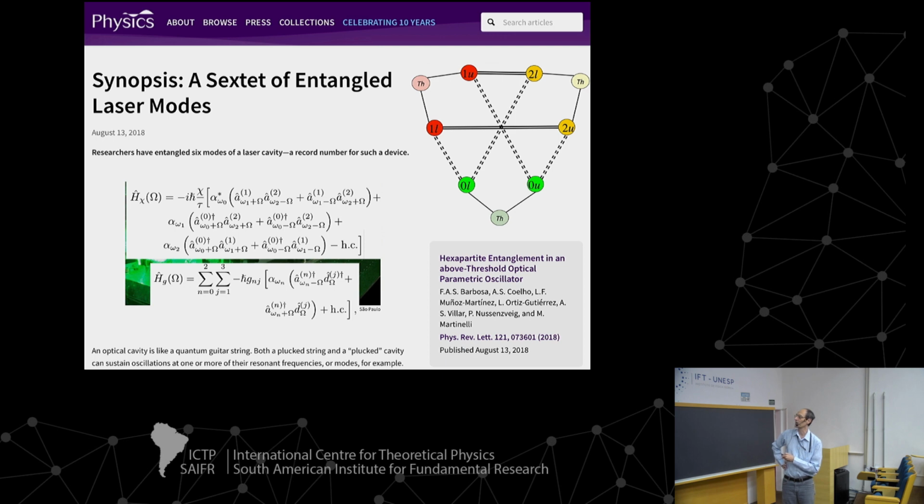What makes this term dominant is this driving field that is strong. The trilinear term can be neglected here when you are above threshold.